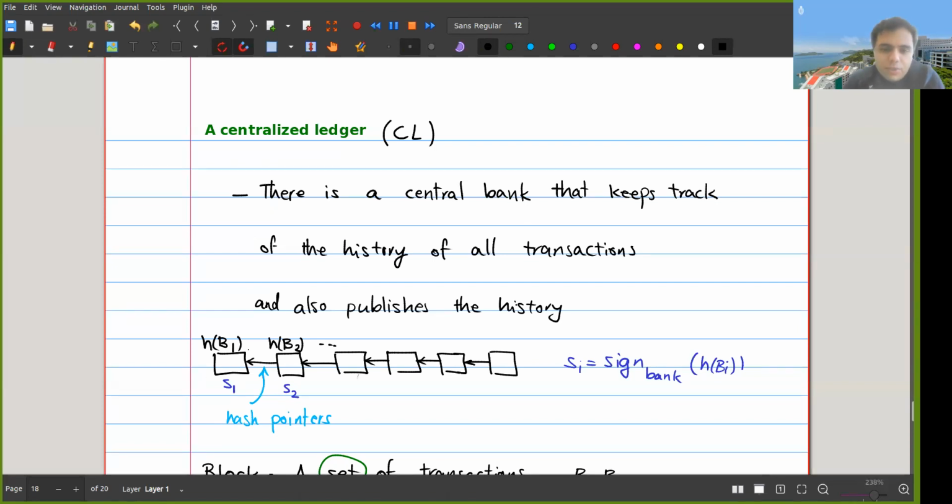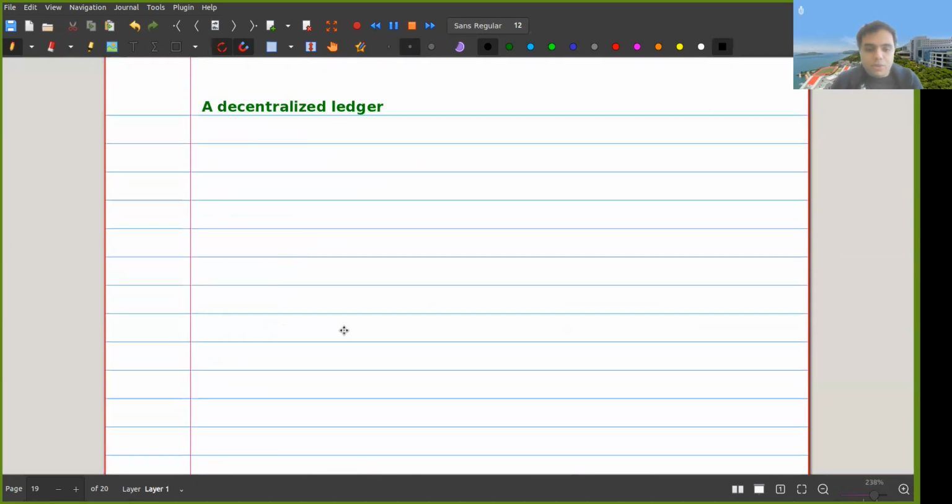Well, again, since we don't want any kind of centralization, and since we want everyone to be equal to everyone else, we can just say the answer is everyone. So in a decentralized ledger, the data structures are the same, but everyone keeps track, or actually it's better to say can keep track, of the ledger.